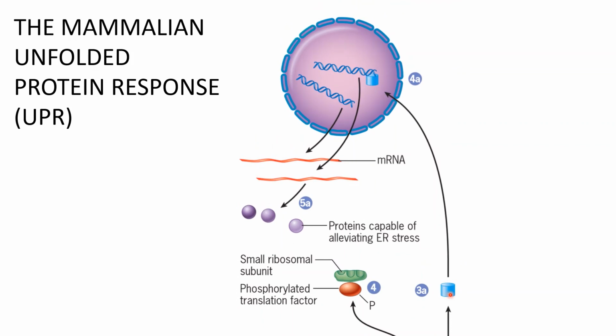And where will it go? It will go inside the nucleus, and it will promote the transcription of mRNA that will be translated to produce proteins that alleviate the stress of the unfolded proteins that are accumulating in the ER. So that's also the ATF6 pathway. So I hope you understand these two UPR pathways in the mammals.